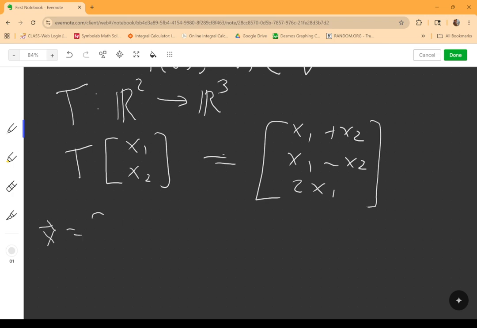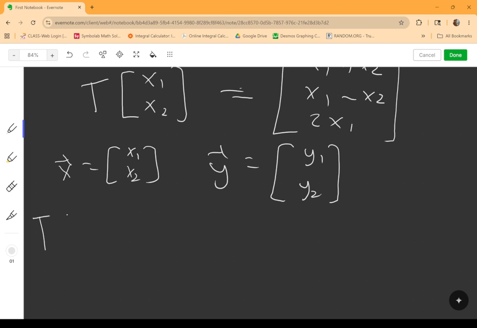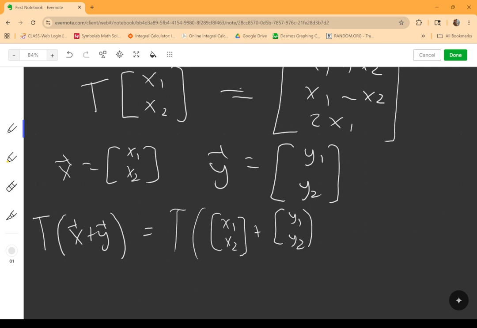Let x be x1, x2, and y be y1, y2. We want to ask what T of x plus y looks like. That's T of x1 plus y1, x2 plus y2.